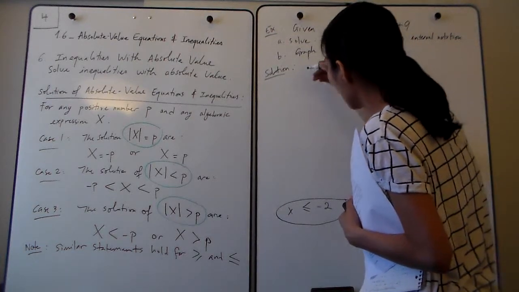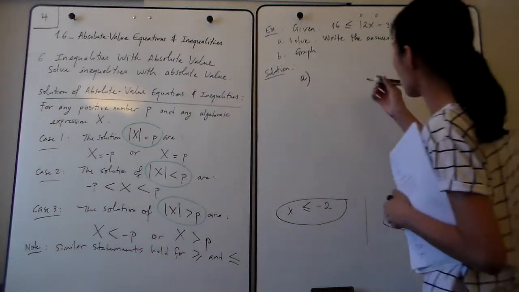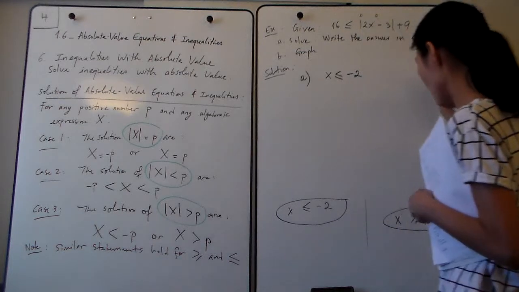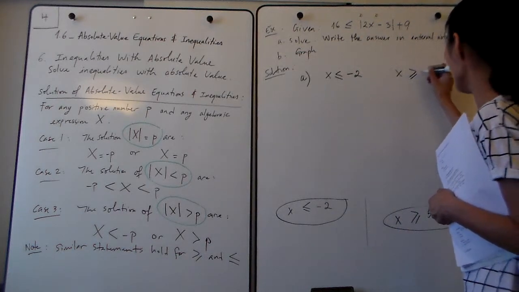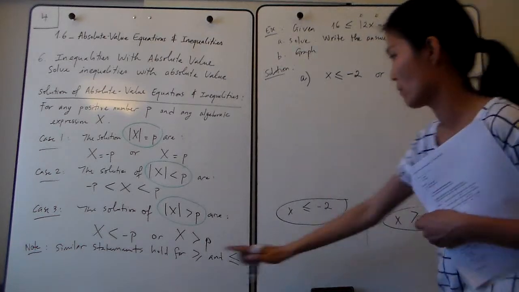So for part A, we have x less than or equal to negative 2 and x greater than or equal to 5, and it is OR, okay?